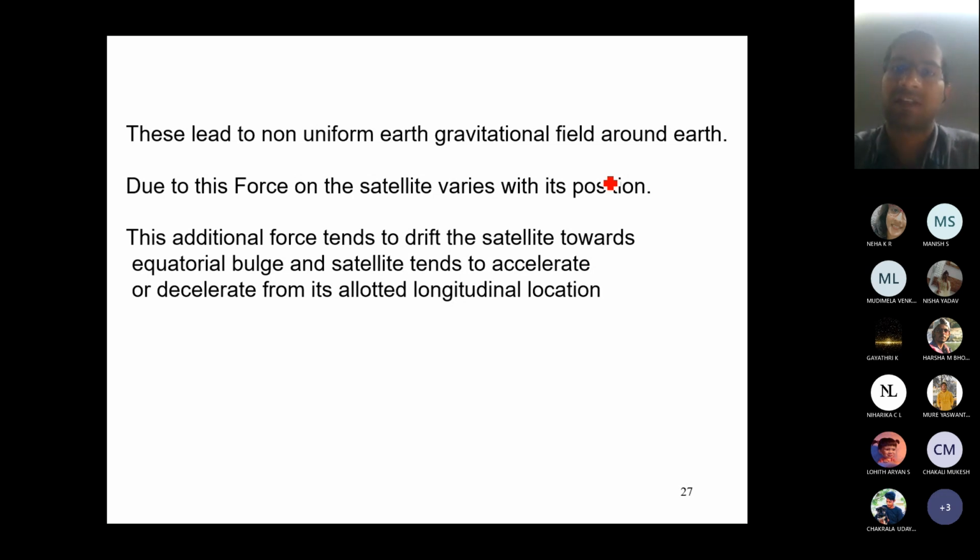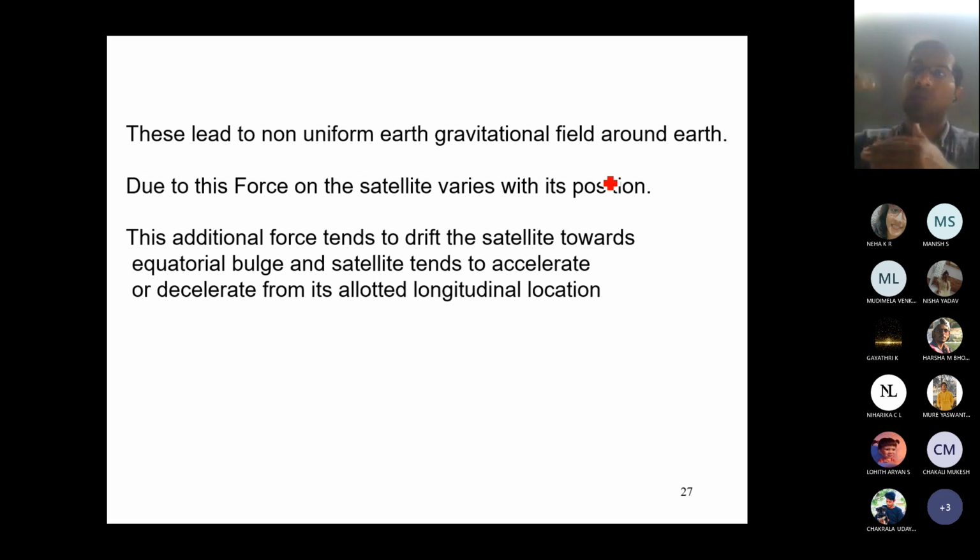And this gravitational field is towards what? Which direction does the gravitational field always act? Everywhere on Earth, we experience the gravitational field towards the center of the Earth. Every time the direction of gravitational force is towards the center of the Earth.